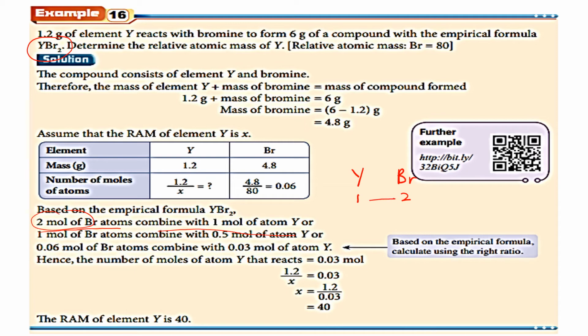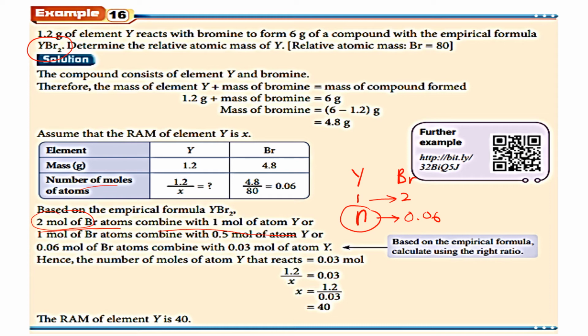The ratio is 1 and 2, and we take the number of moles. For Y we don't know the moles, so we write N as the number of moles. But the moles for bromine we know, 0.06. So how to find N?